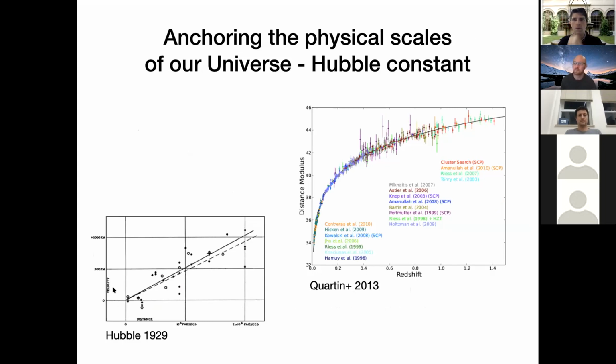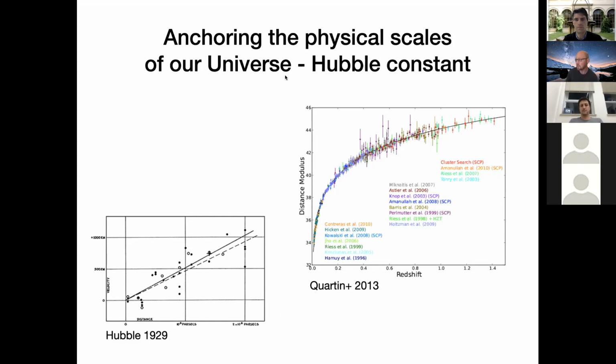That slope effectively is what we call the Hubble constant, the local expansion rate of the universe. More recently, here is a diagram with supernovae that extends this range to very high redshift, with a remarkably consistent picture of the relative expansion history throughout at least half of the age of the universe.